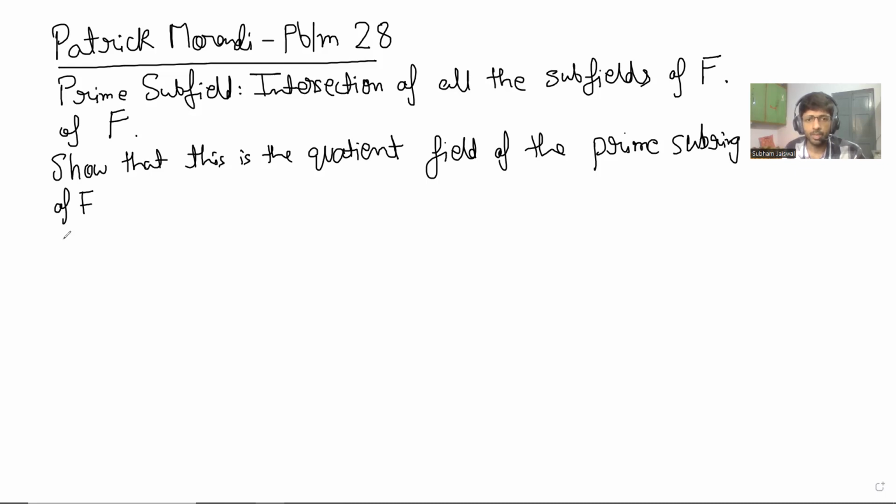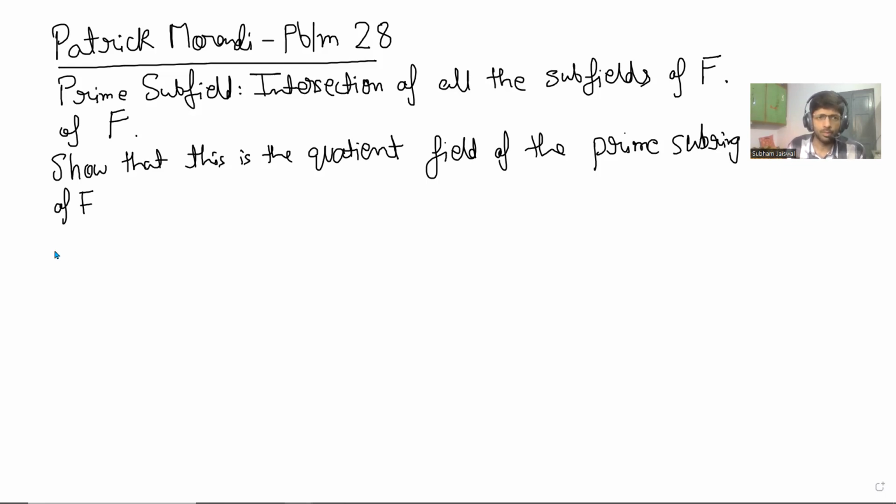Let F be a field of characteristic P. Show that the prime subring of R is isomorphic to the field FP if the characteristic of F is not 0, and the prime subring is isomorphic to Z otherwise. So these facts we will assume about the prime subring.